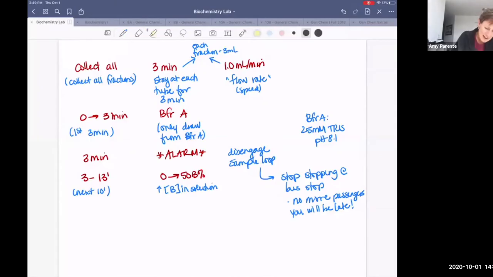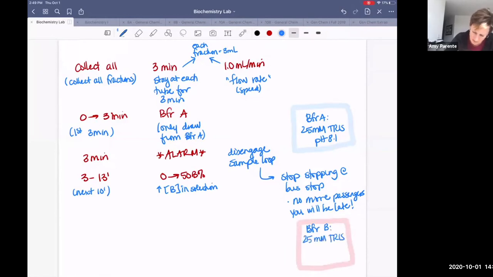So it is important that I highlight what buffer A and buffer B are. So again, here's what buffer A is. And so I'm going to highlight down here what buffer B is. So buffer B looks a lot like buffer A. It's going to be 25 millimolar Tris, pH 8.1, but then it also has 500 millimolar sodium chloride.